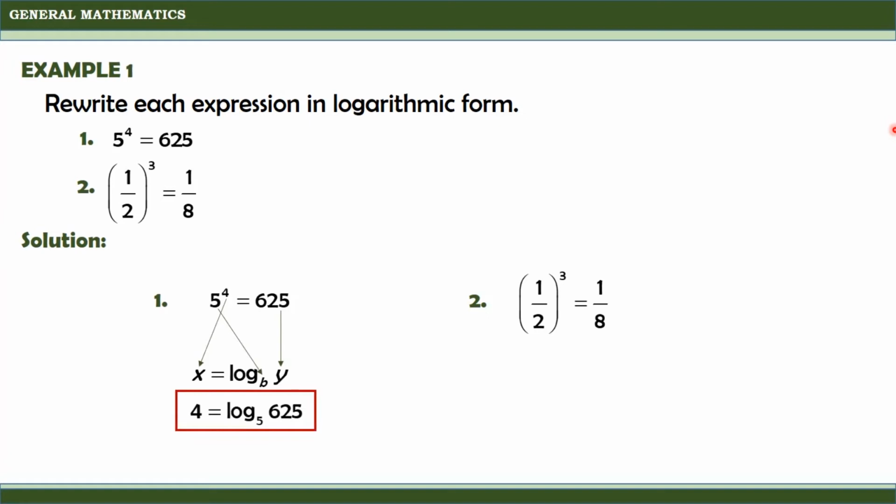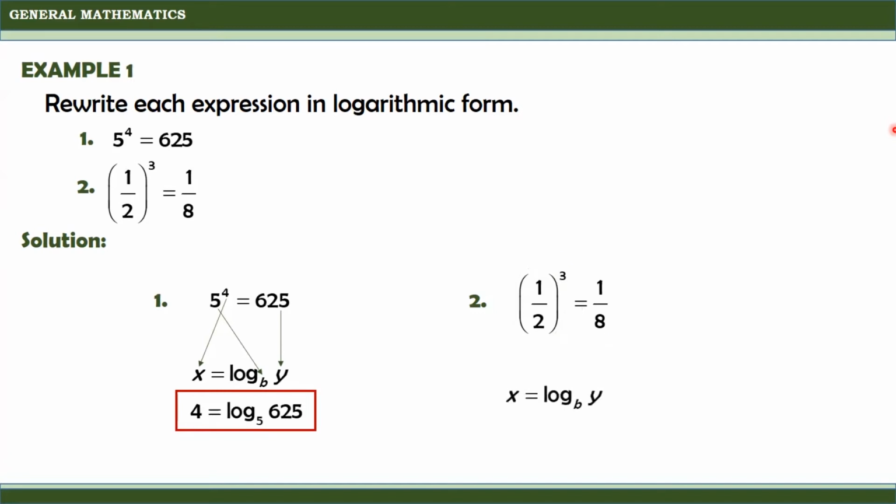On the second given, we have 1/2 as our base, 3 being the exponent, and 1/8 being the power. Then it implies that b is equal to 1/2, x is equal to 3, and y is equal to 1/8.